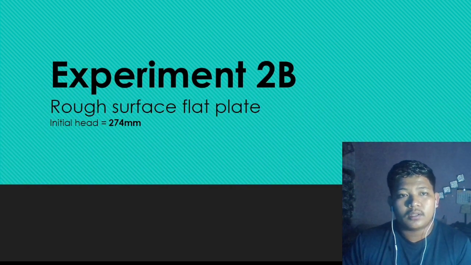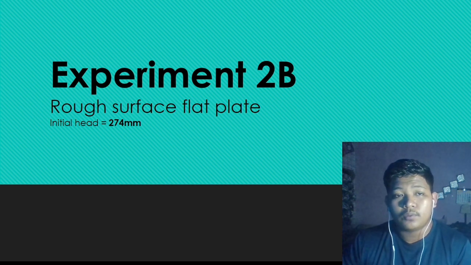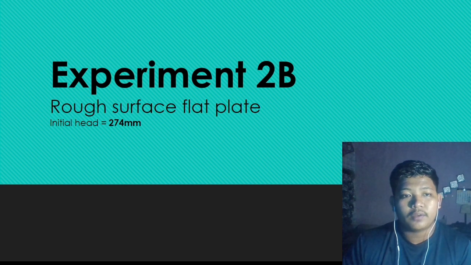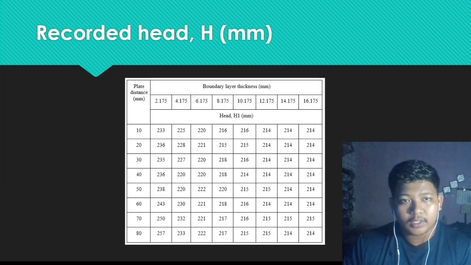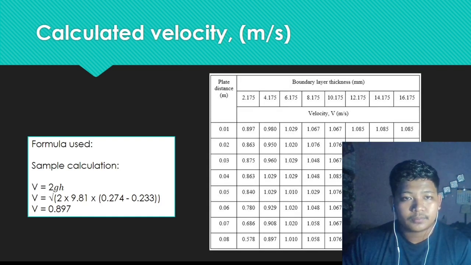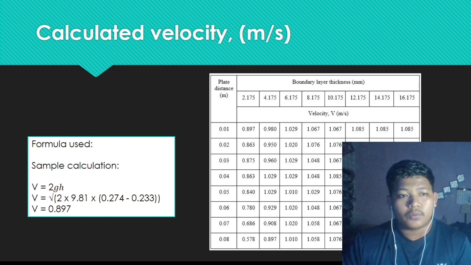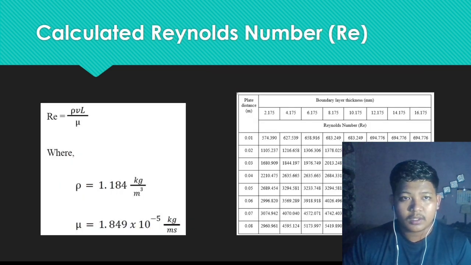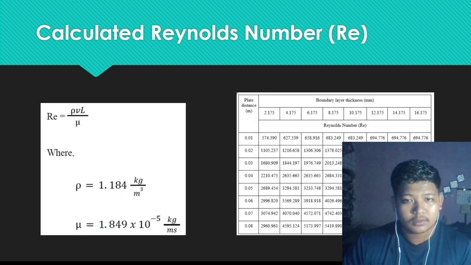Next, experiment 2B with rough surface flat plate. The initial head given is 274 mm. The recorded head is in the table. First, calculated velocity, we use the formula V equals square root of 2gh, and then the Reynolds number.